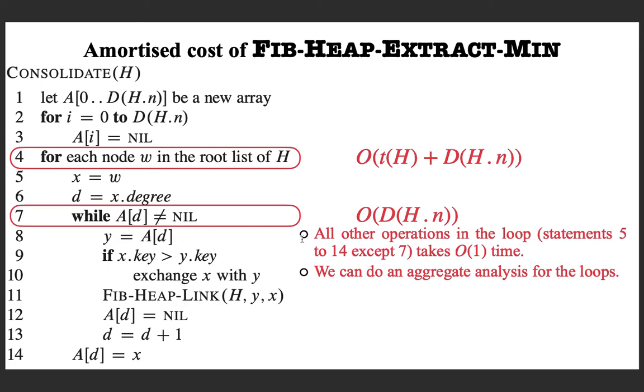We can try to do an aggregate analysis on this. I hope you recall what aggregate analysis is. The example that we discussed was the stack data structure, where we found the amortized cost of performing multi-pop as 1.